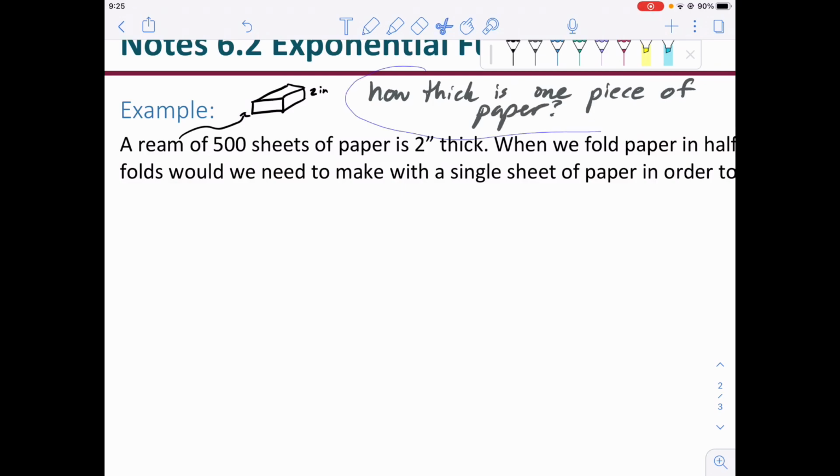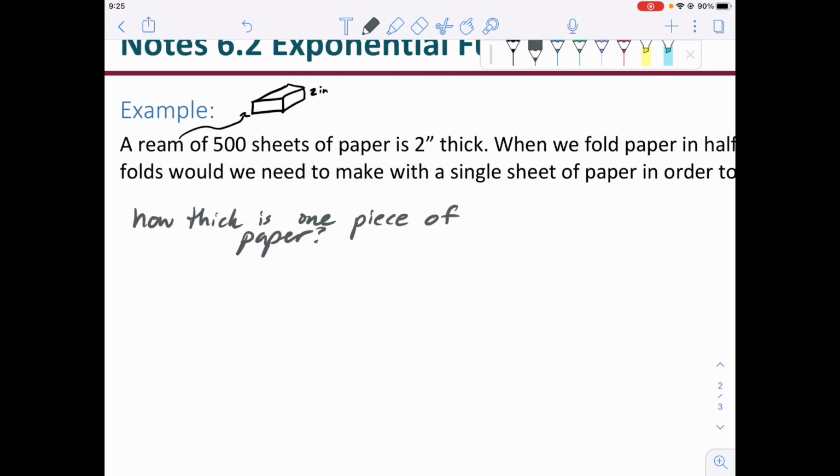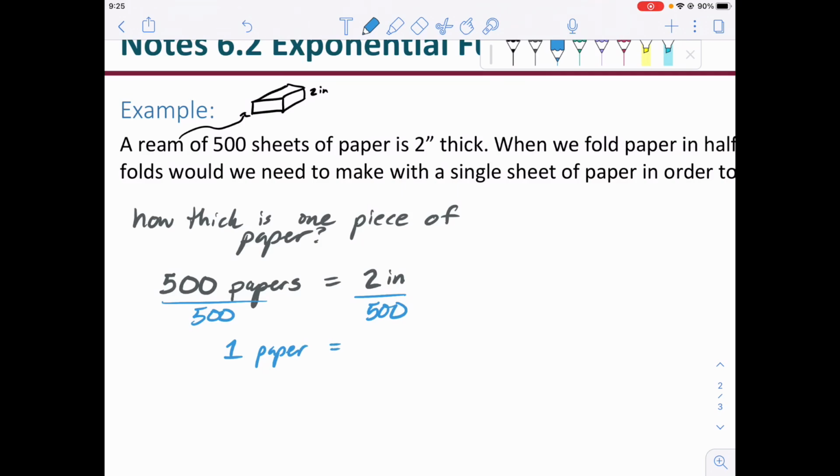We can actually answer that. We have enough information now. If 500 pieces of paper is 2 inches, then we just divide by 500 to get 1 paper is 2 divided by 500, or 1 over 250th of an inch.